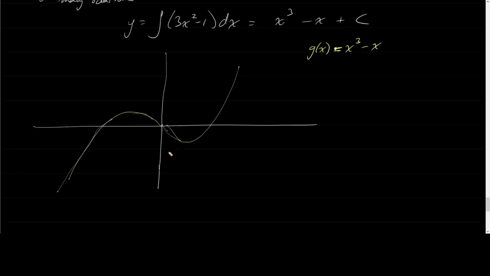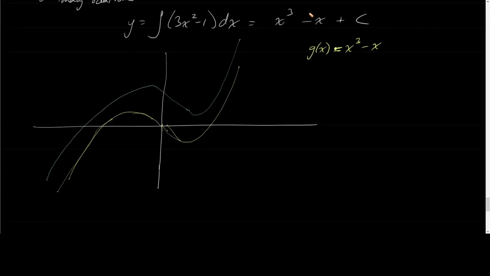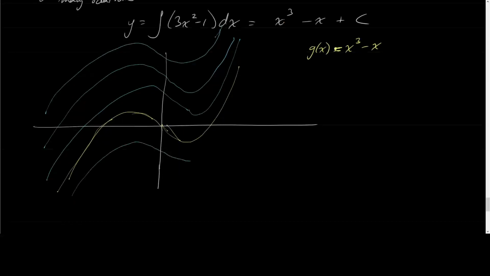But because of that plus c, we have many possible versions of that, because that plus c just represents a vertical shift. So that plus c represents all of these blue ones that I'm drawing, and obviously there's infinitely many different blue copies, just shifting it up and shifting it down.